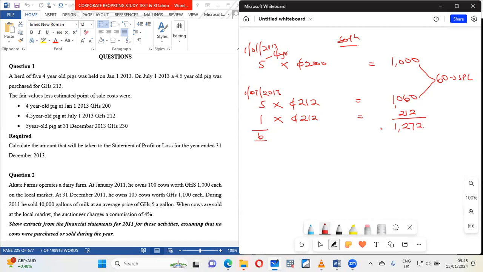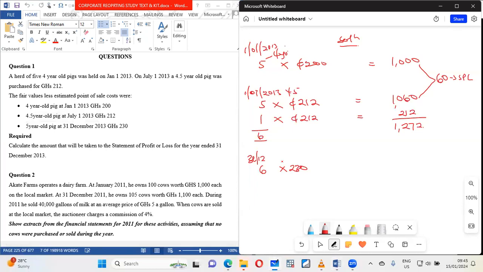We are told that all the 5 animals were 4 years at the start, and 4.5 years in July. At the end of the period, 31st December, they will all be 5 years, including the one that was bought, who was 4.5 years old. So at the end we have 6 animals, and the price of a 5-year-old is 230 Ghana cedis.